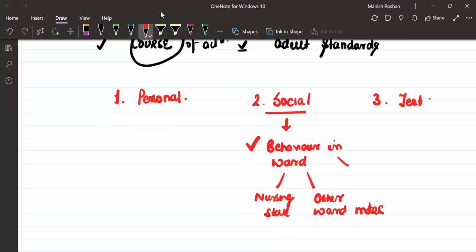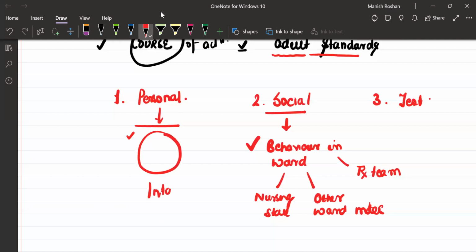For personal judgment, you give a set of situations: after the discharge or after the treatment is done, what further course of action does he or she plan to take? If the answer matches the adult set of standards, then only you can say that the personal judgment is intact.